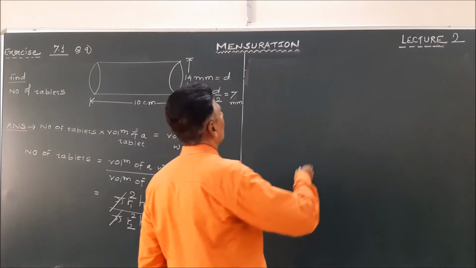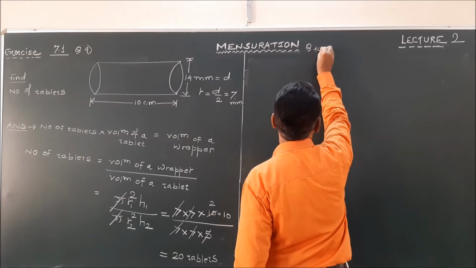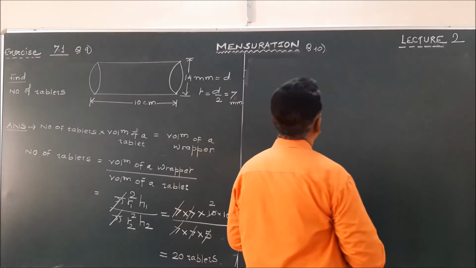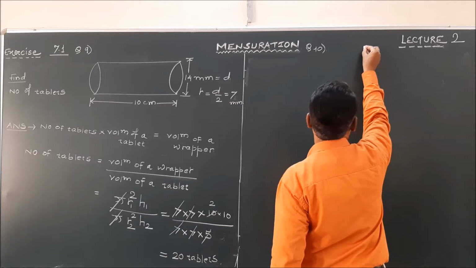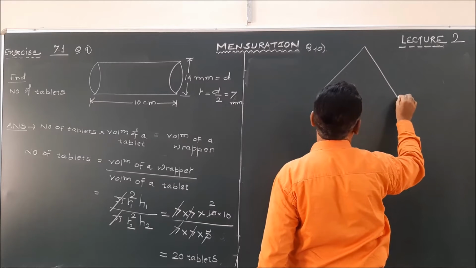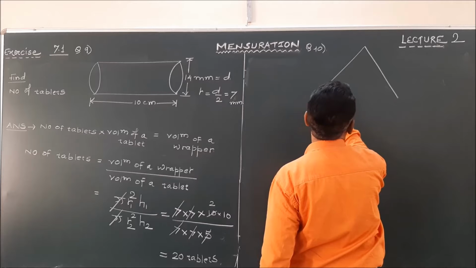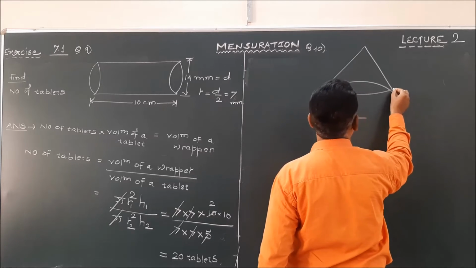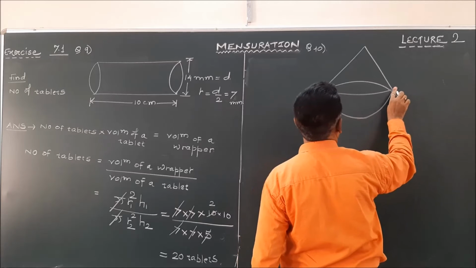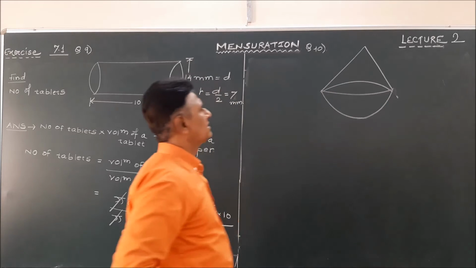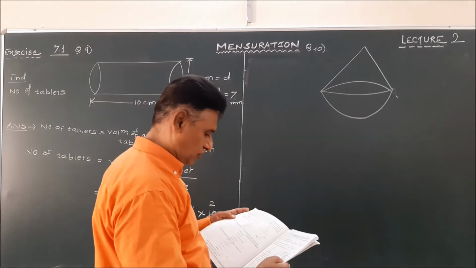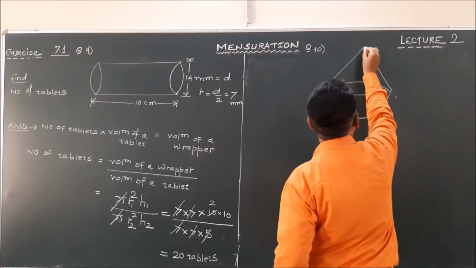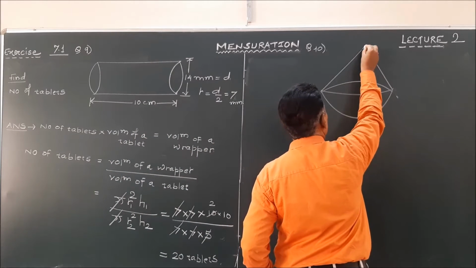Now I am going to do question number 10, which is the last question for today. Here there is a toy, and that toy has a very interesting figure. You will find that this is a conical shape.